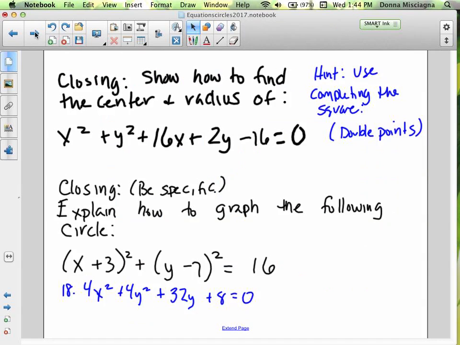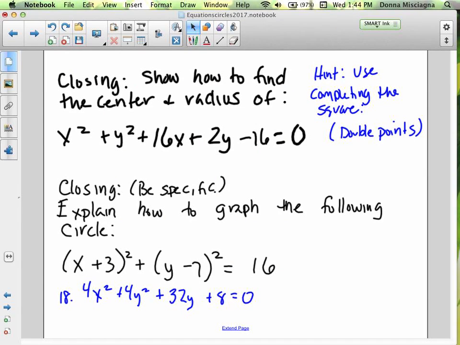Right? So these are the closings. We had how to find the center and radius, so you have to rewrite using completing the square, and then explain how to graph the following circle.